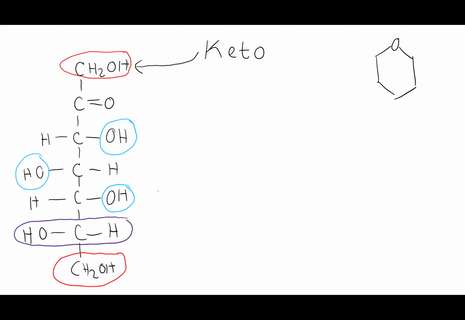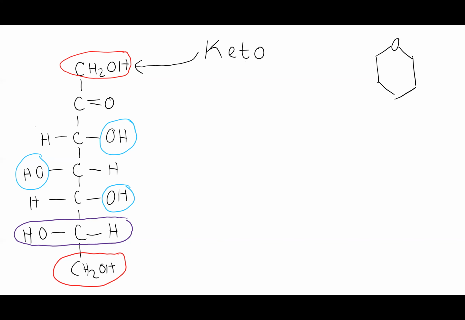Okay, so when we cyclize this ring, essentially what's happening is this oxygen on this anomeric carbon here is going to form a bond with the carbonyl carbon.